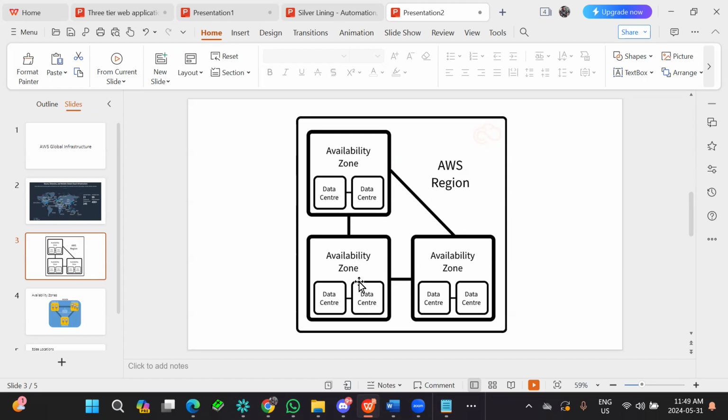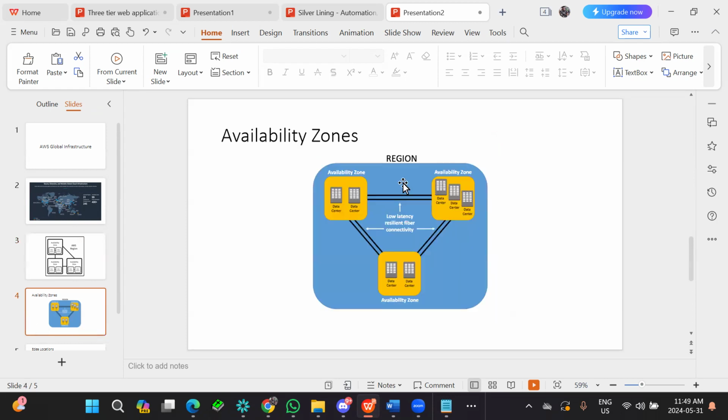And what is an availability zone? Quite simply, availability zones are groups of isolated and physically separate data centers within the same geographic area.